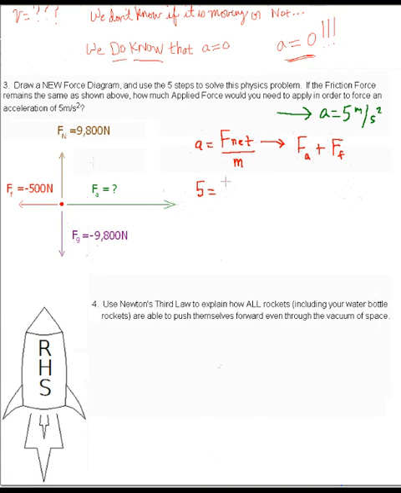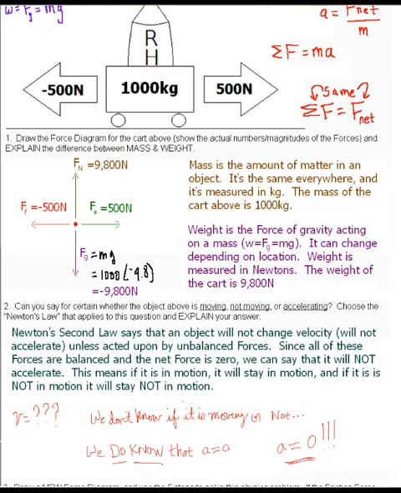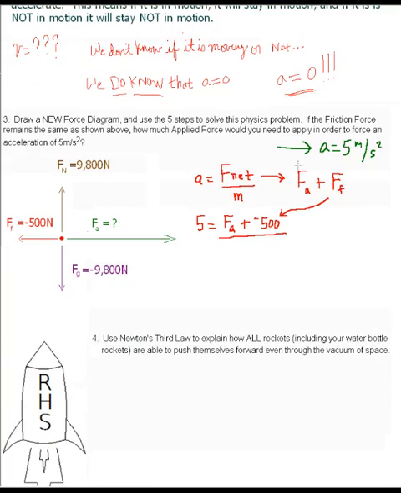So F_A is what we want to find, so I'm going to leave F_A in the equation, and I know the force of friction is negative 500, so I'm going to write that as negative 500. And then the mass we said was 1,000 kilograms. So I can put 1,000 over here. Now solving this mathematically, I'm going to multiply each side by 1,000.